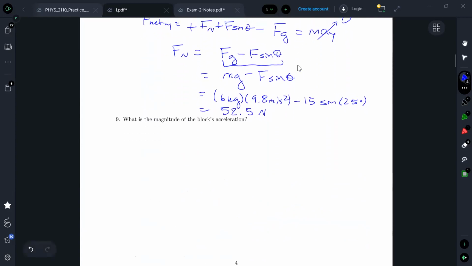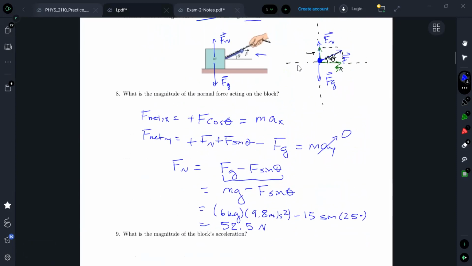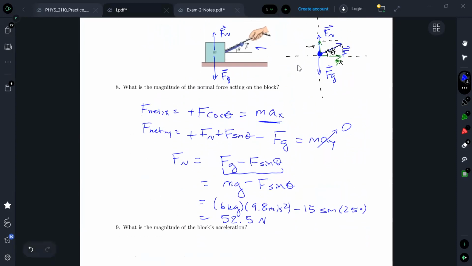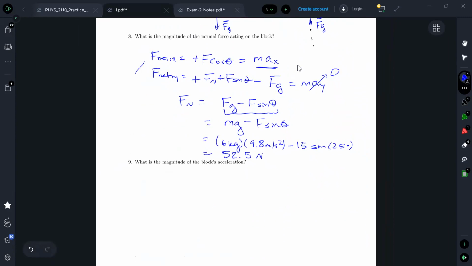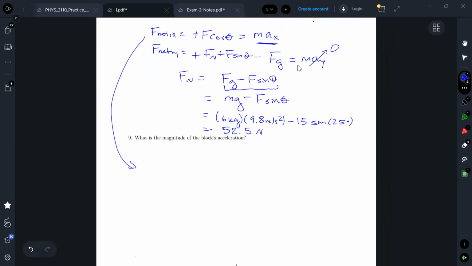What is the magnitude of the block's acceleration? Well, we said it's only accelerating horizontally. The vertical acceleration is 0. So I already did most of the problem. I've got that acceleration is F cosine theta over m.